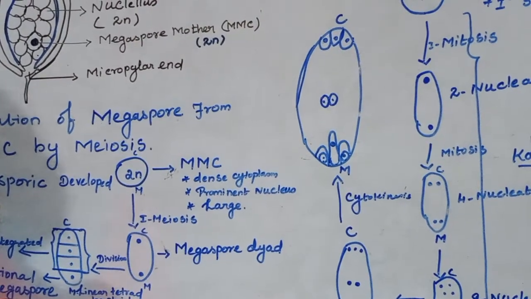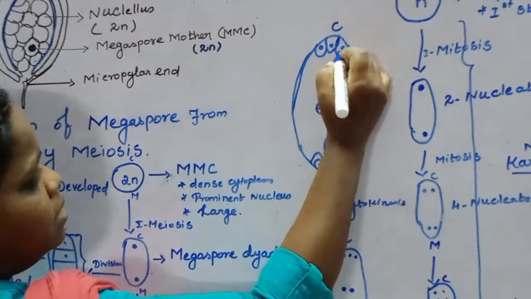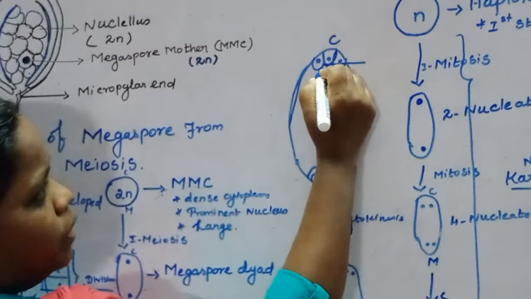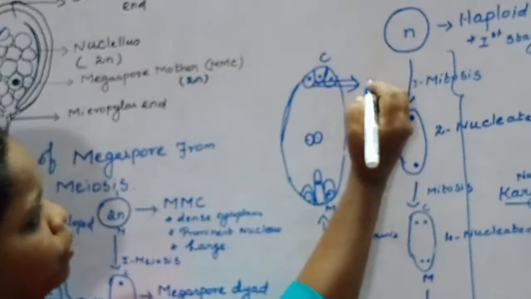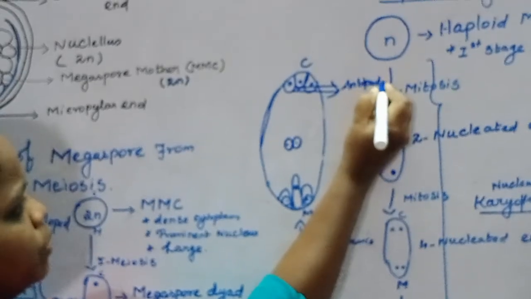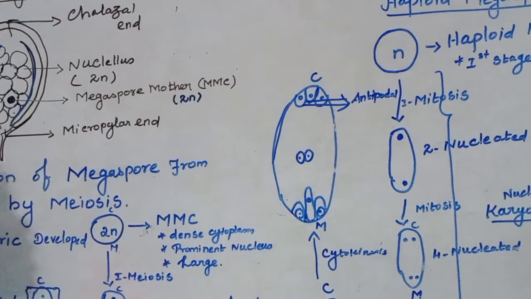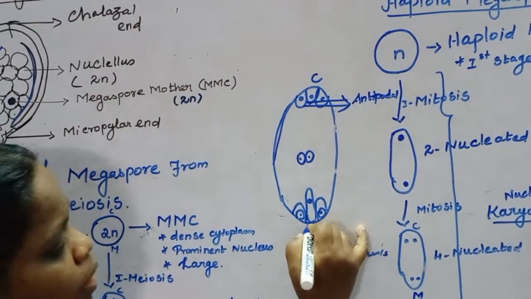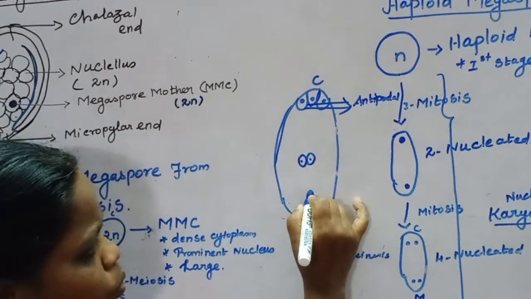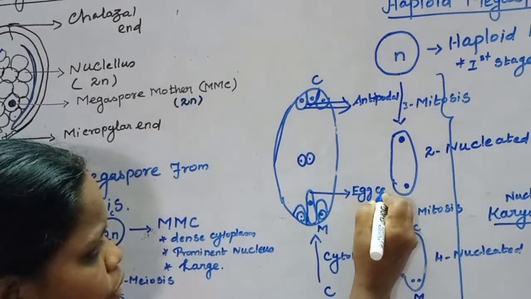Are you clear? See, in this chalazal end, the 3 cells or 3 nuclei grouped together are called antipodals. Don't confuse it: antipodals are present in the chalazal end. Then come to the micropylar end: one large cell is called the egg cell, that is the female cell.